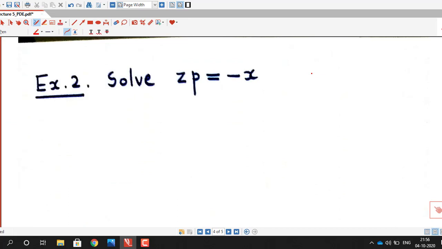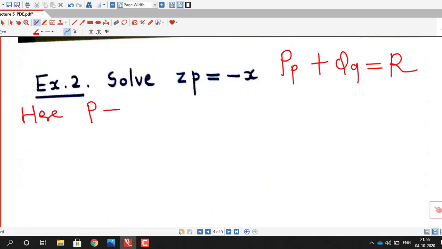Solve z into p equal to minus x. So if we compare this with capital P into small p plus capital Q into small q equal to R, so we have here capital P is small z, capital Q is 0 because small q is absent, and capital R is minus x.